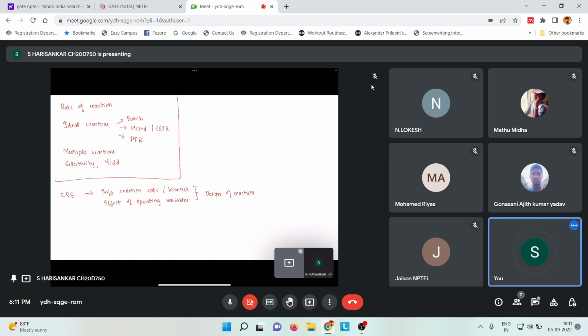Right. So the basic thing, which we have mentioned again and again here, is reaction rate. So what is the rate of a reaction? In layman or very simple terms, can anyone say what you mean by rate of reaction?